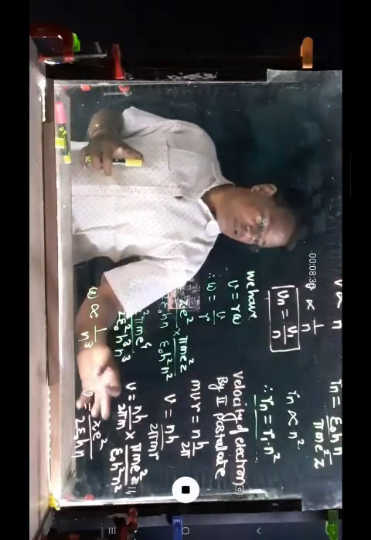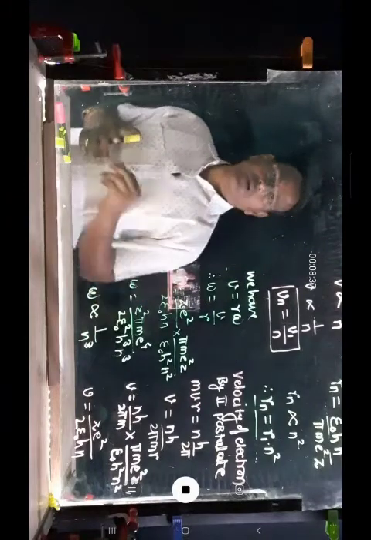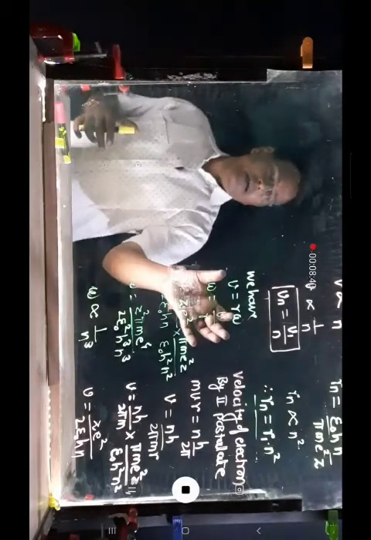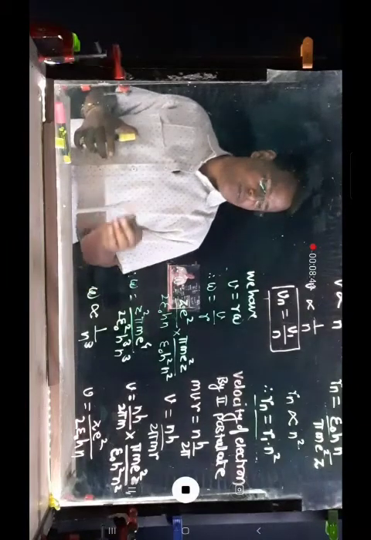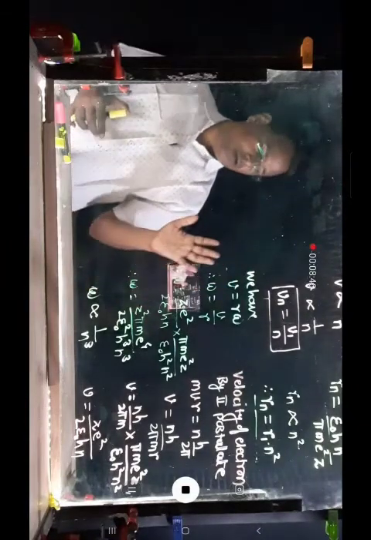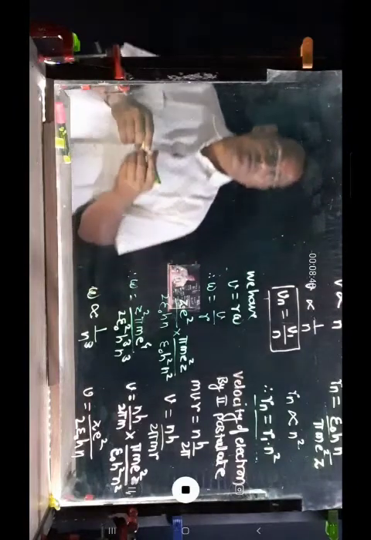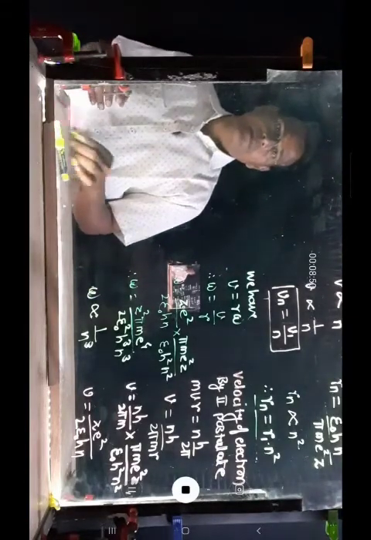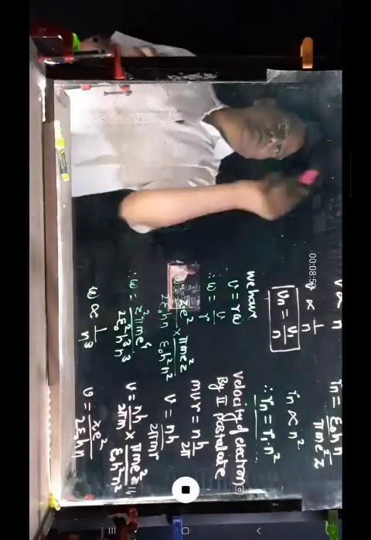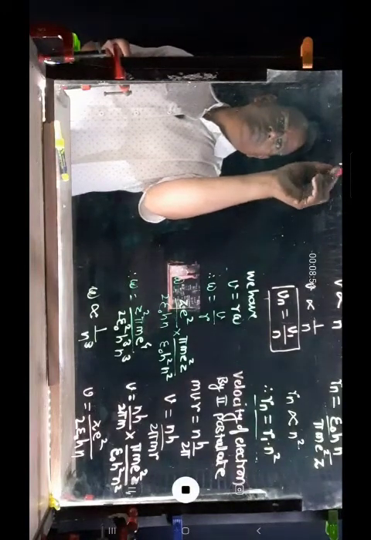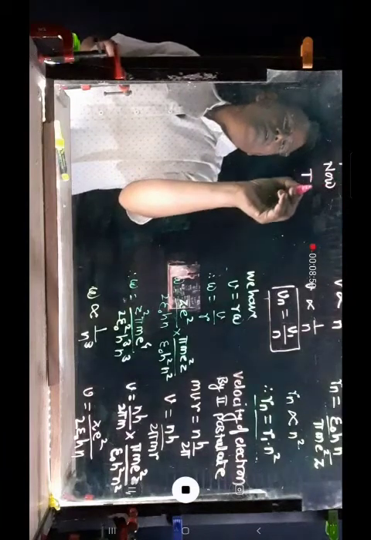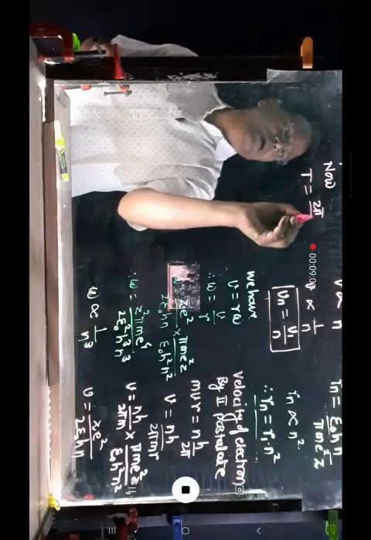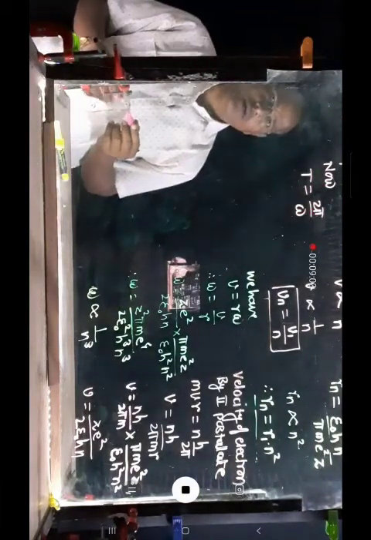So the radius is directly proportional to the square of the principal quantum number, linear velocity is inversely proportional to the principal quantum number, and angular velocity is inversely proportional to the cube of the principal quantum number. Using the same, we can write for the time period of the electron in Bohr's orbit. Now capital T is equal to 2 pi by omega.